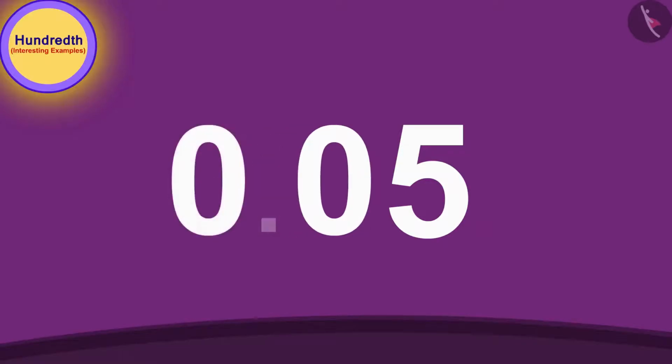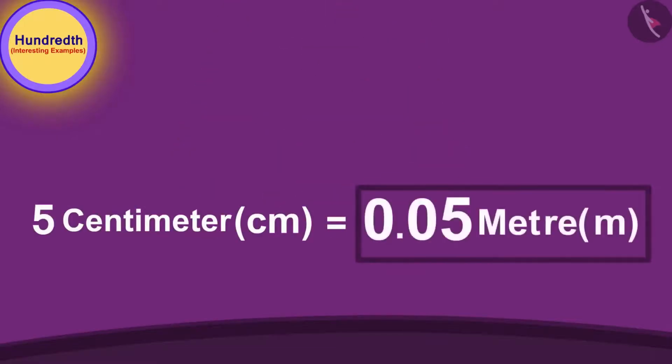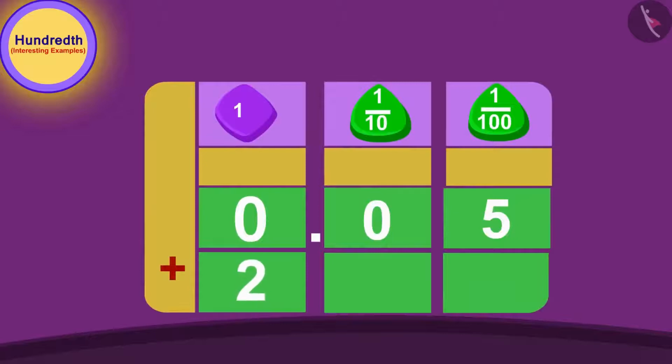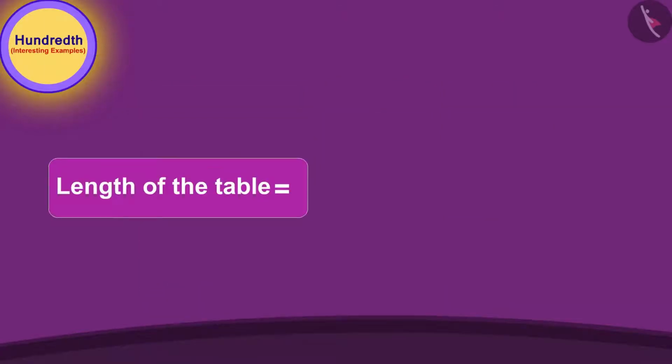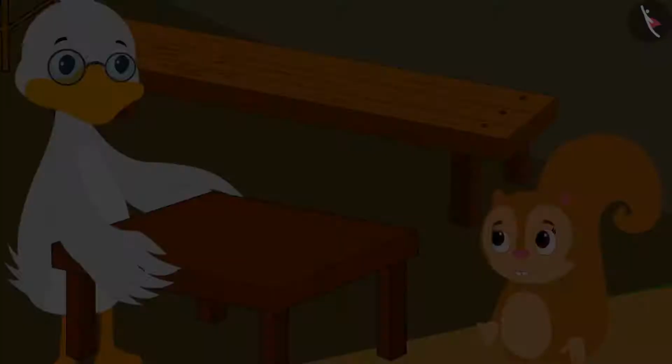In this way, 5 centimeters is 0.05 meters. Now, if we add 2 meters to it, the length of the table will be 2.05 meters.